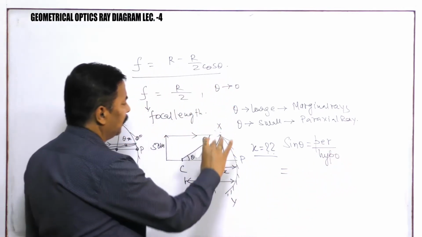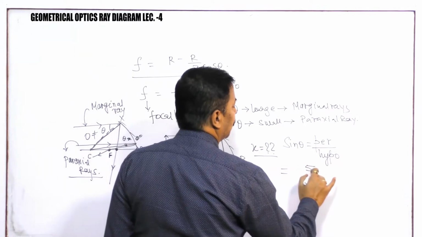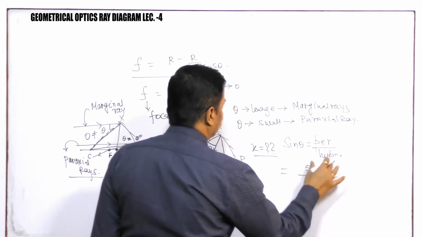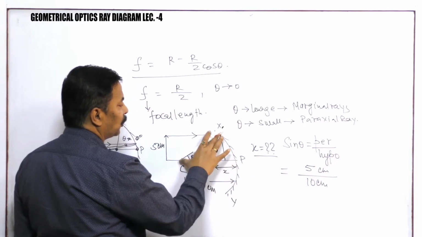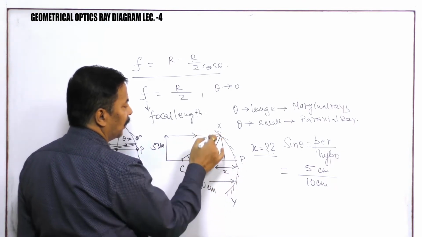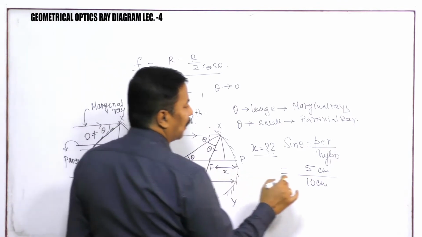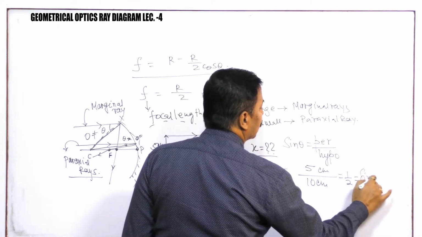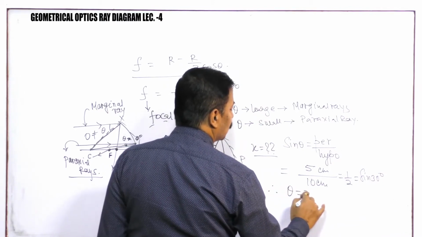So the perpendicular is this distance, 5 centimeter, by the hypotenuse, 10 centimeter, because CP is the radius of curvature, so this is also the radius of curvature. So 5 by 10, 1 by 2, that is sine 30 degree. So theta is equal to 30 degree.